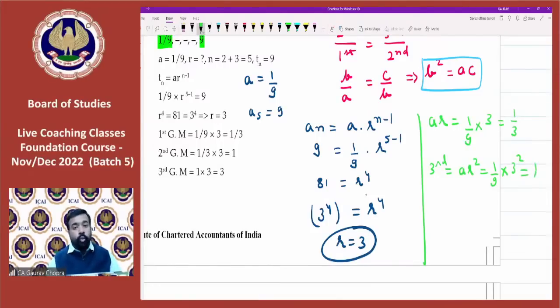It will be 1. And the fourth term will be AR cube, so 1 by 9 into 3 cube. It will be 3. So these are the geometric means between the two values. In this manner, we can easily calculate the geometric means.